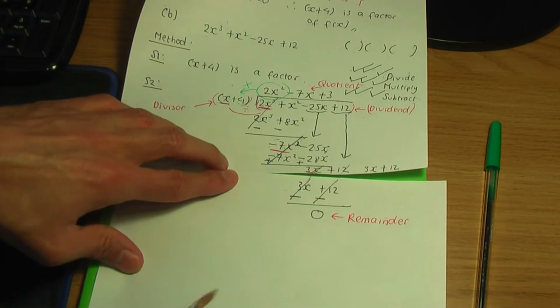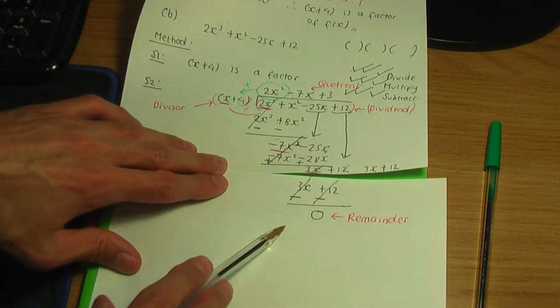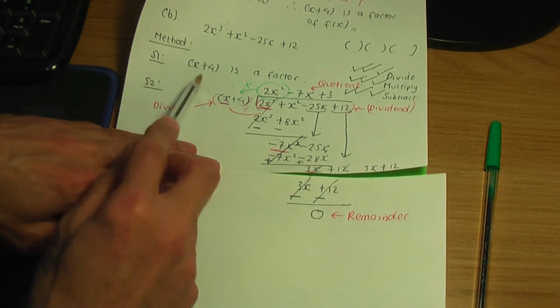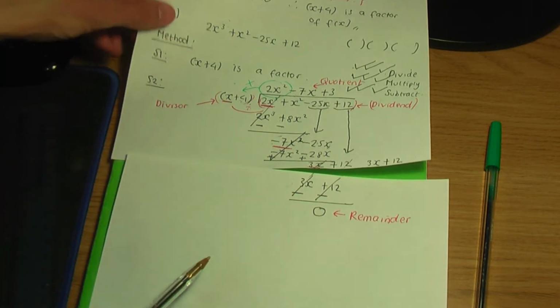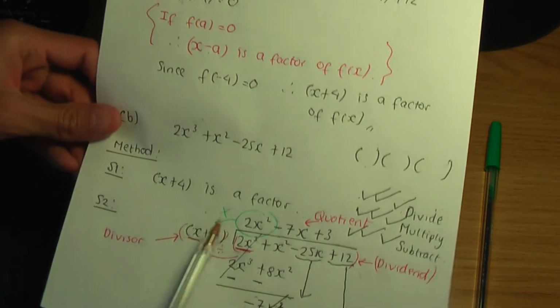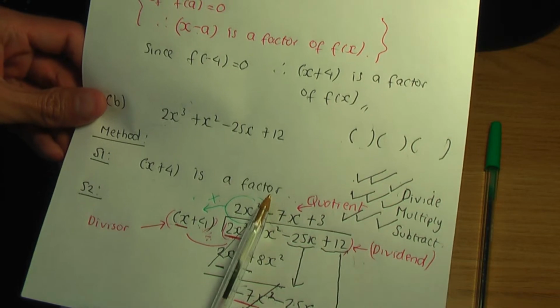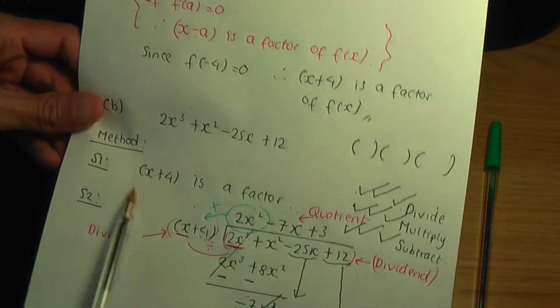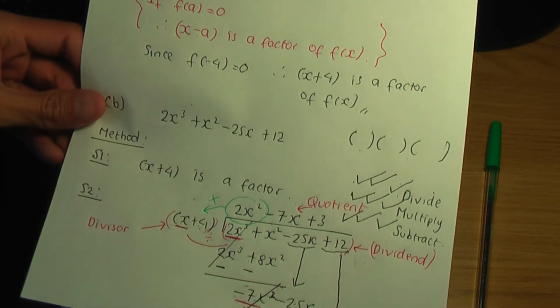Now think about it. The remainder upon division is going to be 0 because we're dividing by a factor. So remember the idea of this term factor. Factor means that the remainder upon division by x plus 4 is got to be 0.